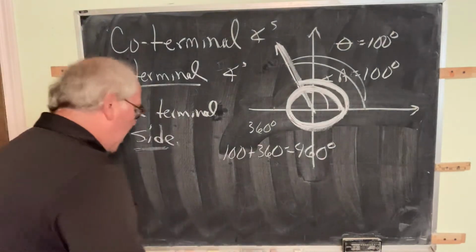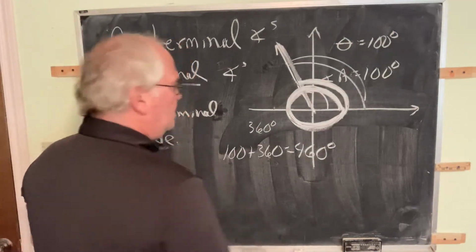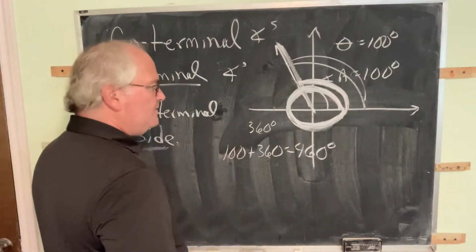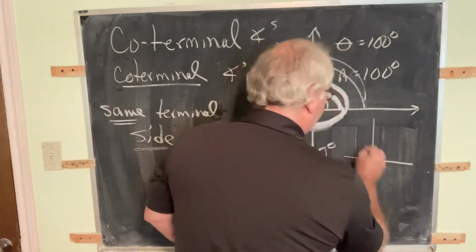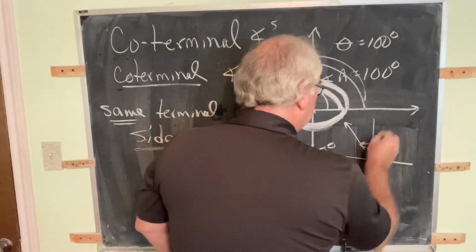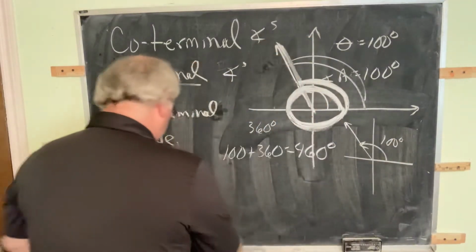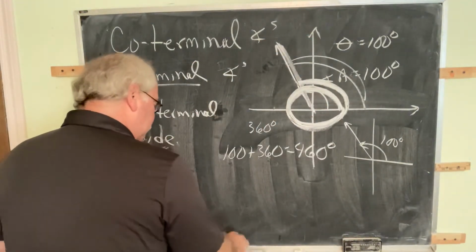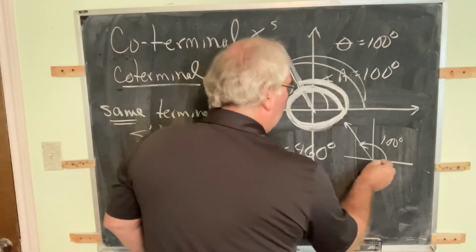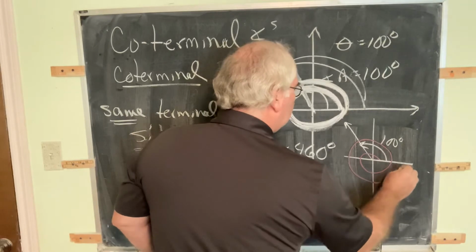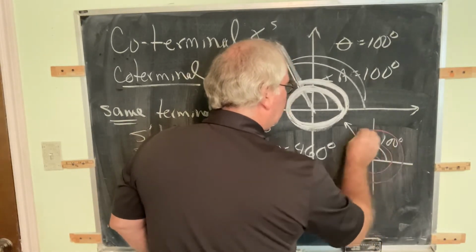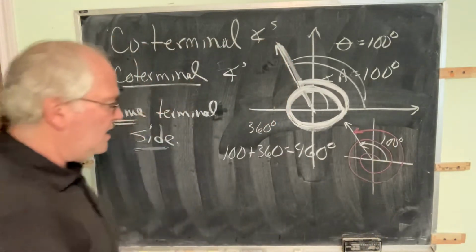But if you can go one complete revolution and then an extra 100, you could just as easily, let's make a new picture just for neatness sake. This is 100 degrees. We could just as easily go 2 complete revolutions plus the 100.